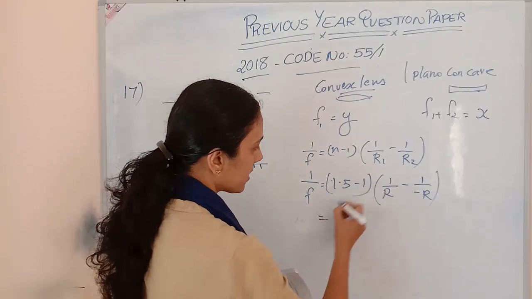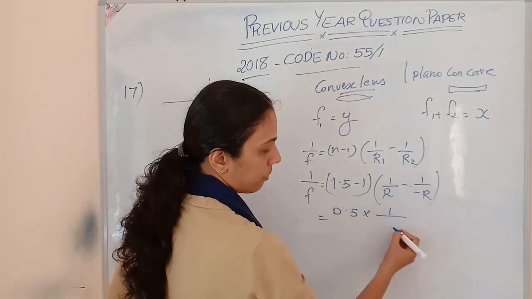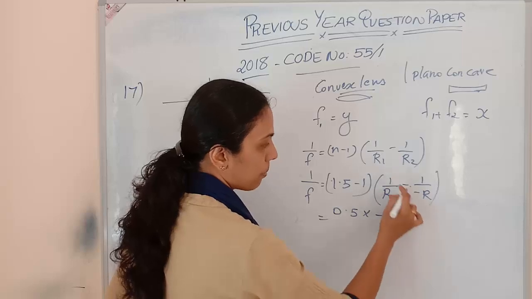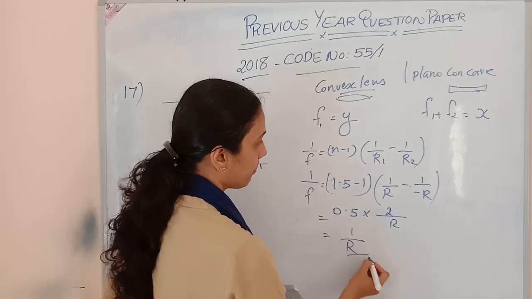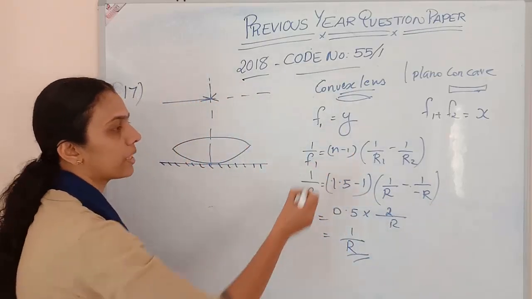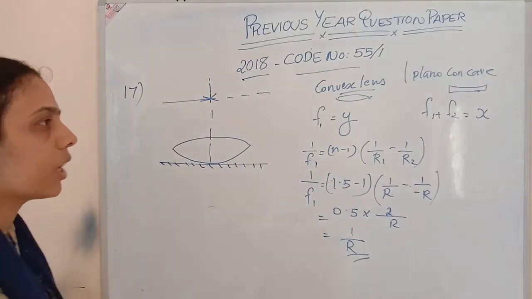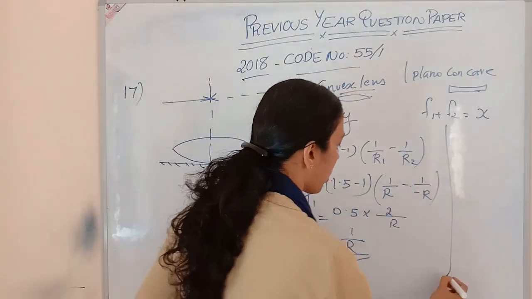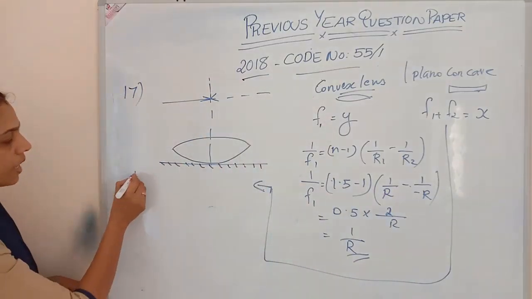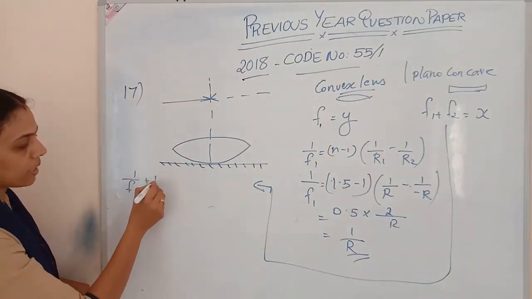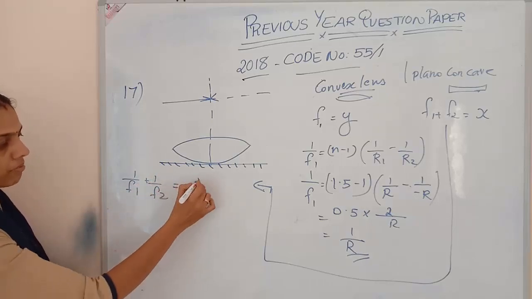So we get 0.5 into (1 by r plus 1 by r), which is 2 by r, so we get 1 by r. This is 1 by f1. Then next, how can we find it for a plano concave lens? Here 1 by f1 plus 1 by f2 equals 1 by x.